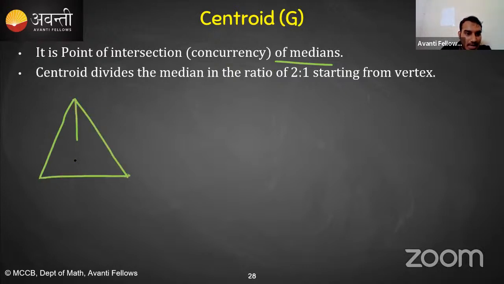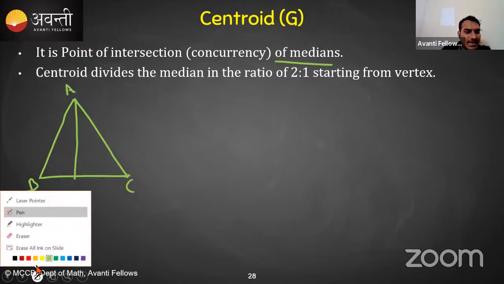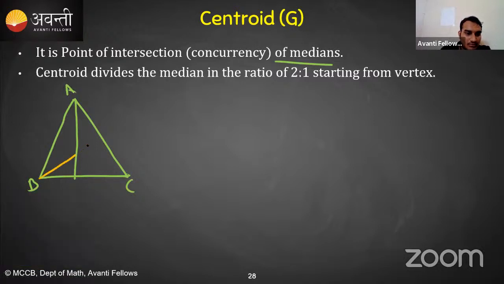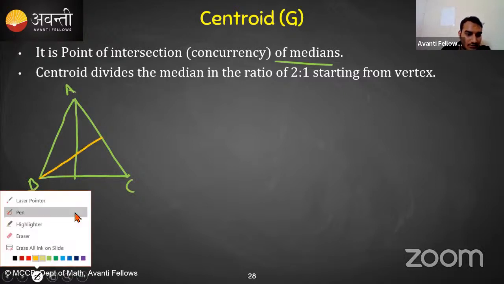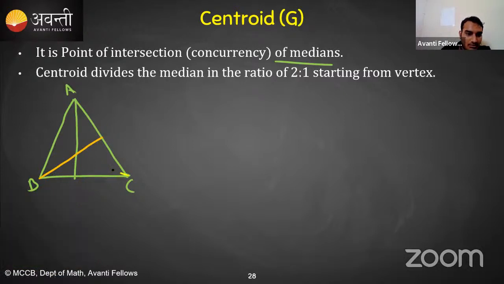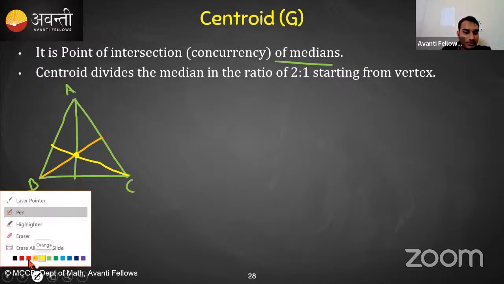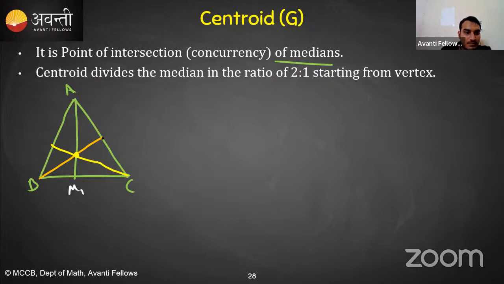Take any median. Let's say this is A, B, C. Take any median like this, and from C it will go like this. Let's call these points M1, M2, M3, and this is centroid G. One interesting property is that G will divide our median in the ratio 2:1 starting from the vertex.